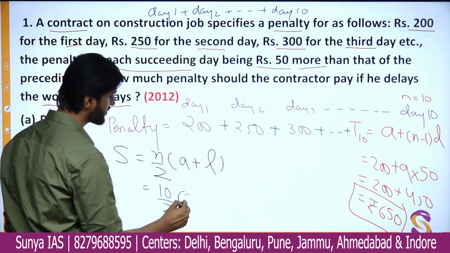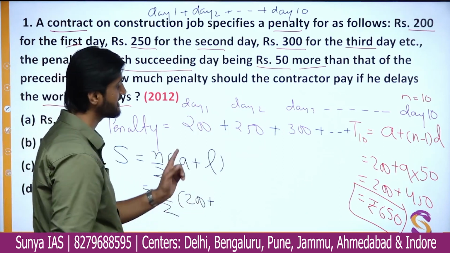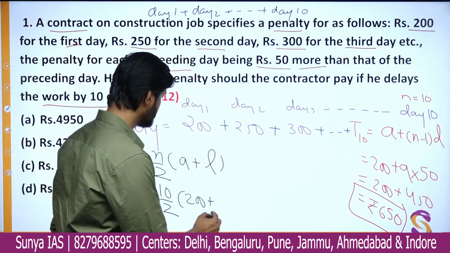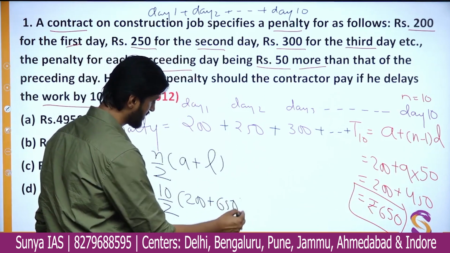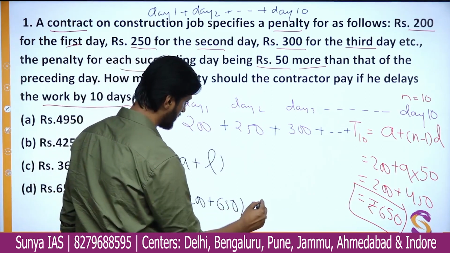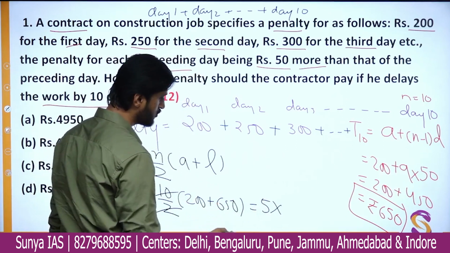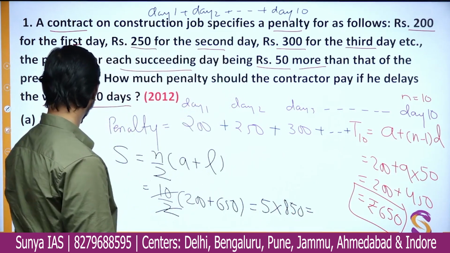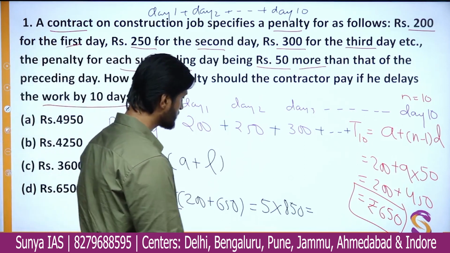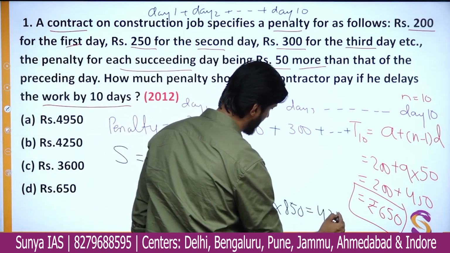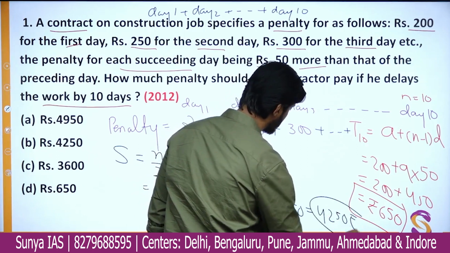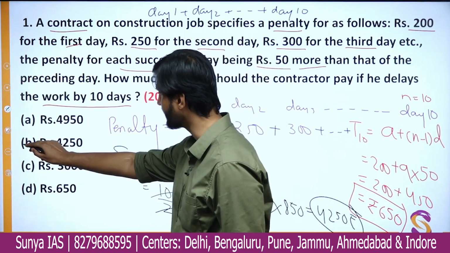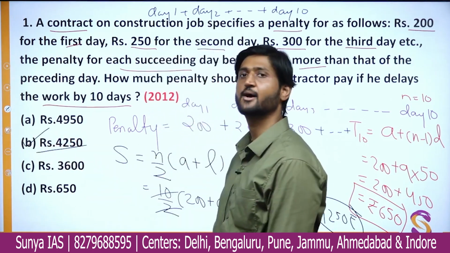First term is 200, plus we have the last term as 650. Just add them up. You can cancel it out. You have 5 into 850. Now just multiply, and you get 4250 rupees as the overall amount of penalty. That is, option B will be the correct option in this case.